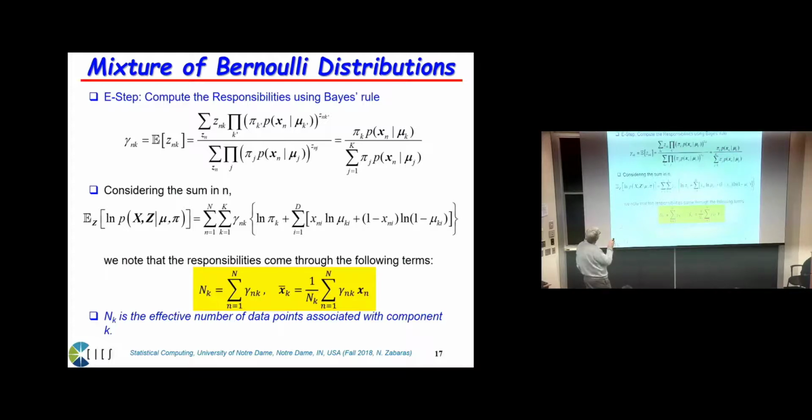Then you keep this constant, plug it in, and take derivatives with respect to the pi's and the mu's, and you get similar results to what we had before. So N_k comes out identical as for Gaussians. I'm not surprised there.